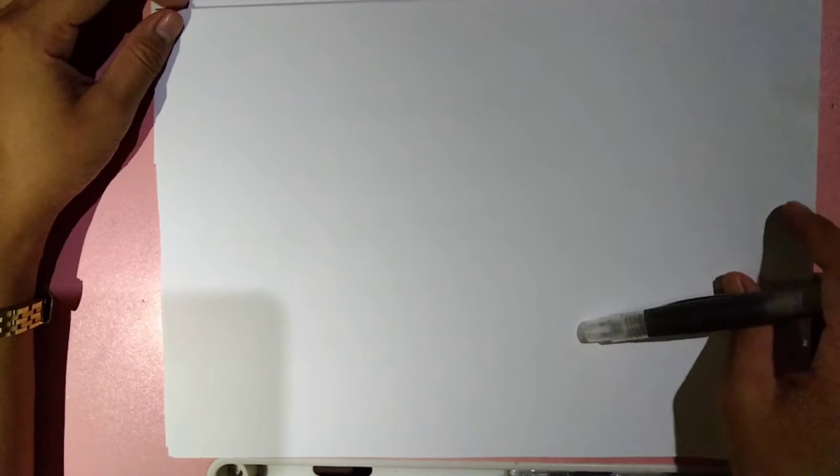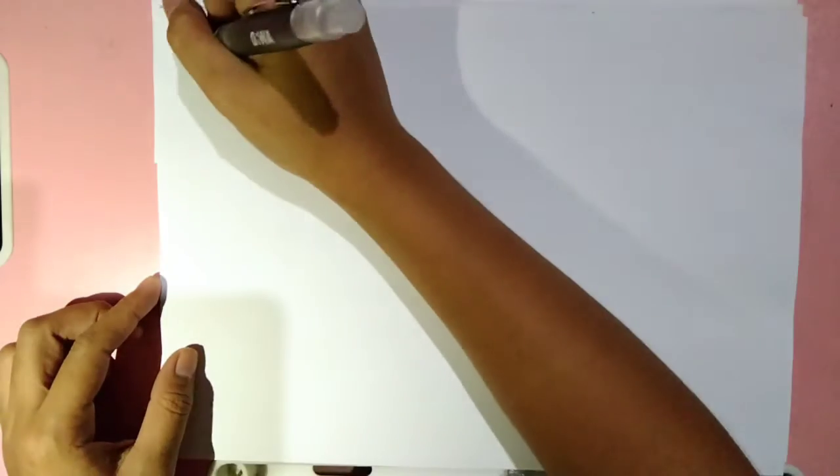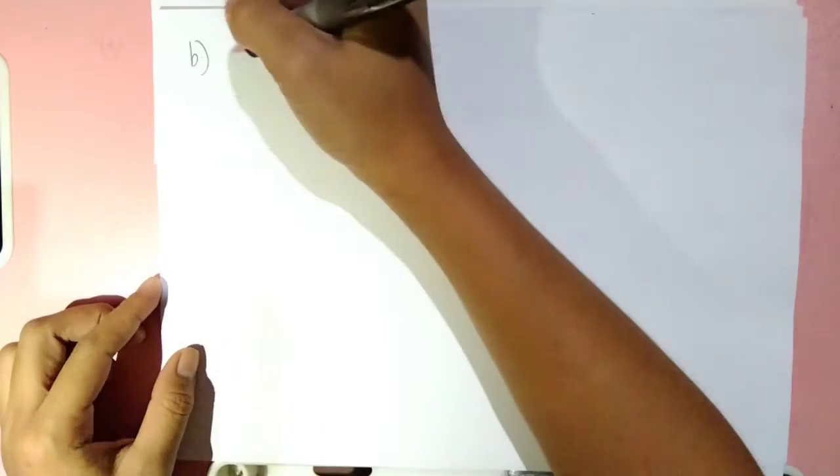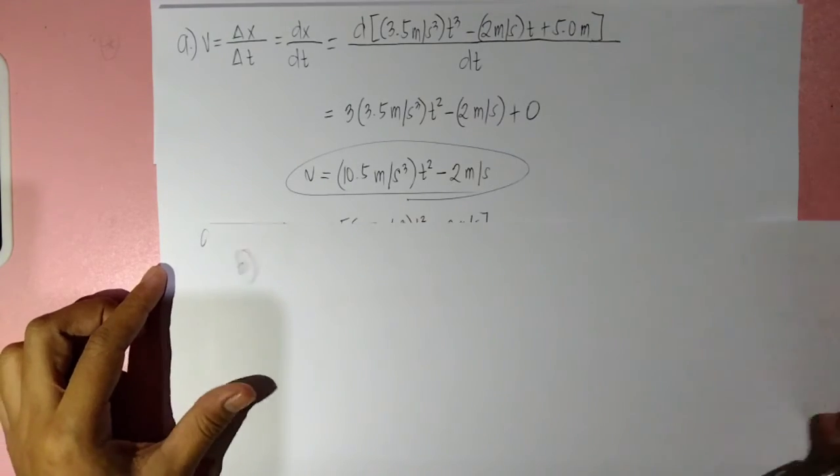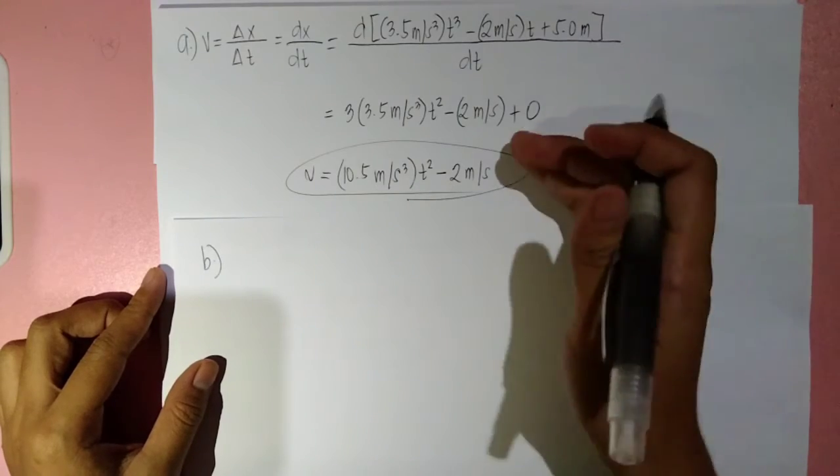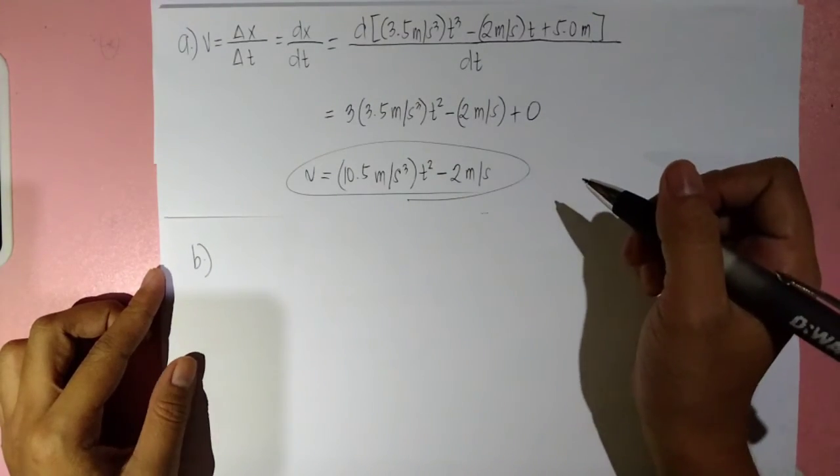Okay, for letter B, we are asked to find the value of the velocity and acceleration given that the time is 2 seconds. So for letter B, okay, this is the time that we are going to use these equations that we have come up with here.